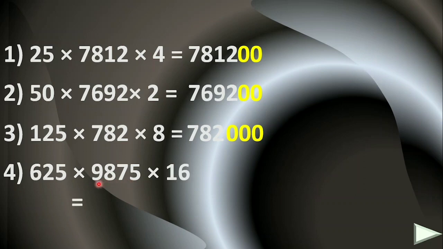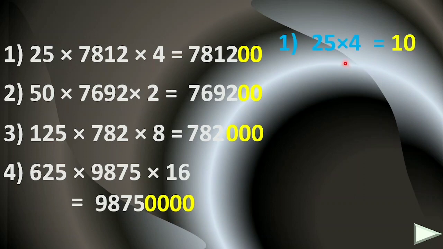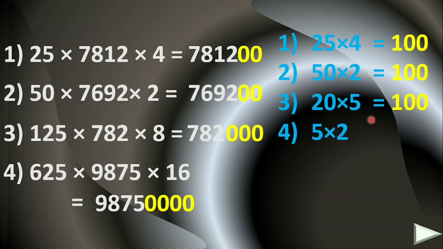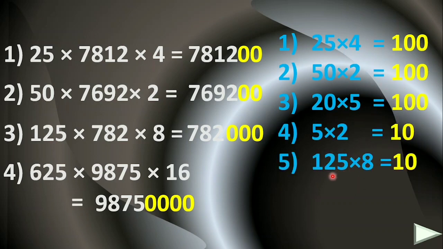Similarly, write down 9,875 only, and you know 625 16s are 10,000. You need to remember it. 625 16s are 10,000. Just put 4 zeros of 10,000 after 9,875. You need to remember all these results in order to solve such sums easily.